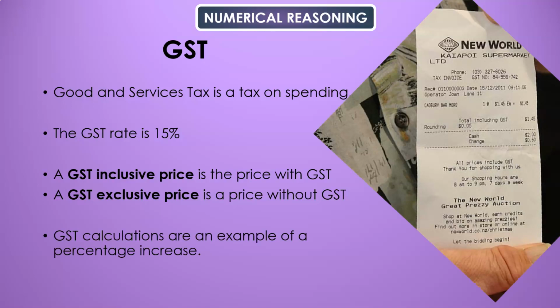So the key thing is, you may not have noticed it before, but on most receipts, they have information about GST. So it's businesses like New World that pay the GST. You don't pay it, so it's included in the price. So you'll see here it shows the New World store's GST number, and that's something that's registered with the IRD, which is the Inland Revenue Department, which collects all the tax.